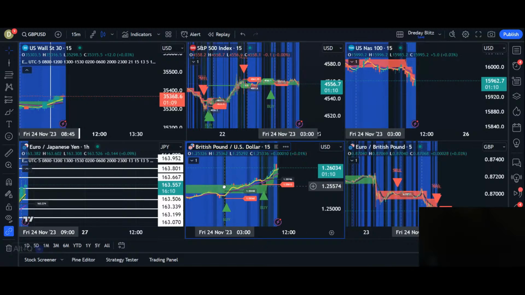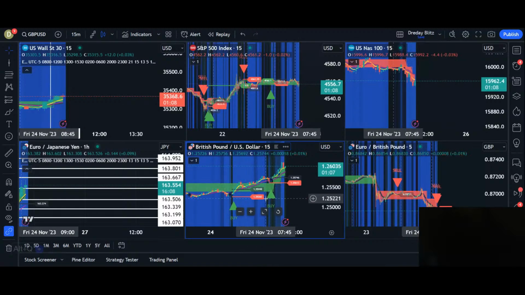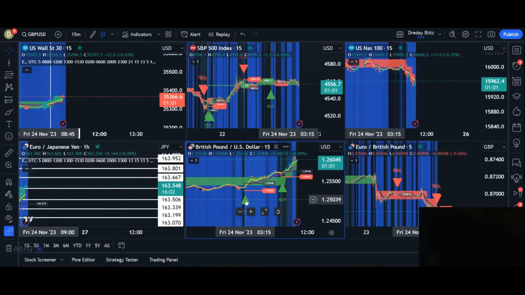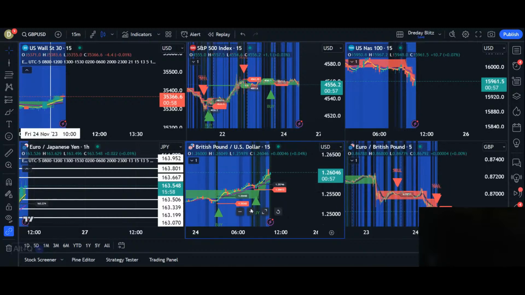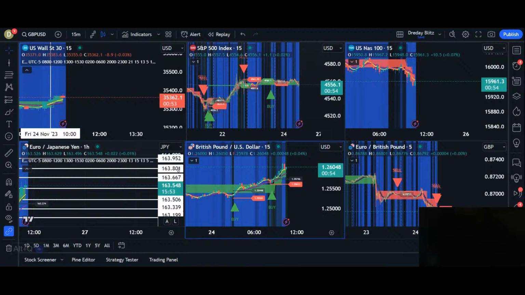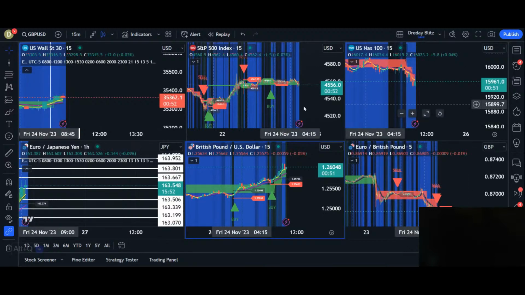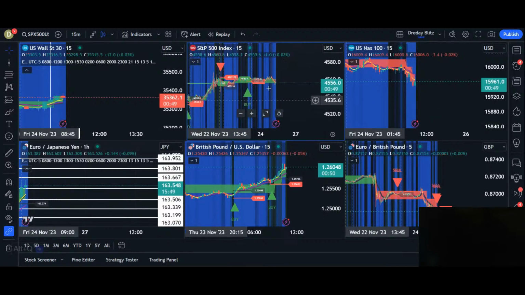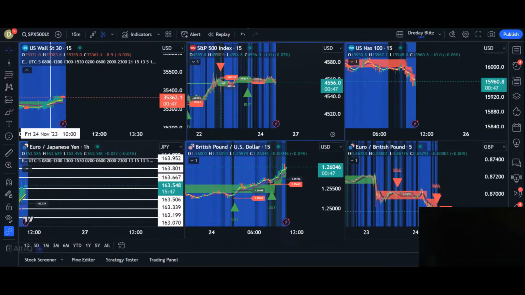Same thing for GBPUSD, was pushing up since the start of the market here, and even at London we had a buy signal. So we had two buy signals and still pushing. I'm pretty sure Euro USD was still pushing up, so that's great. So that's today's session. It's not a long one because it's Friday.